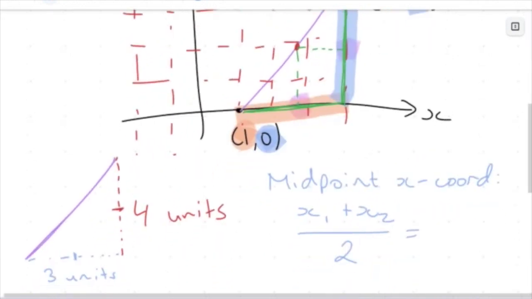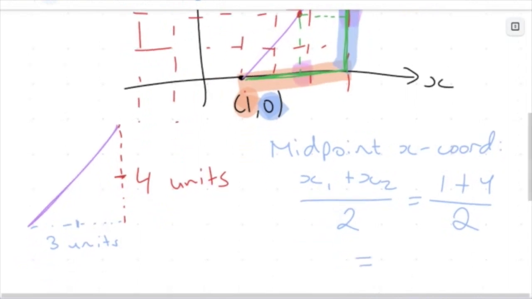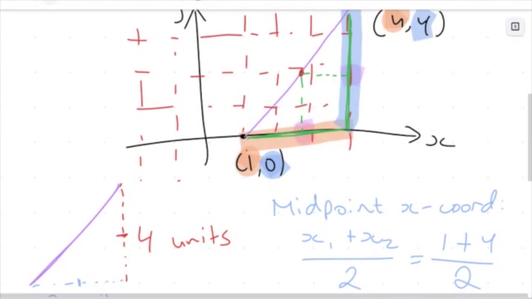So I can add 1 and 4, and I can divide this by 2. This is the process of averaging this stuff out. And what I get here is an x coordinate of 2.5. And that kind of makes sense, right?